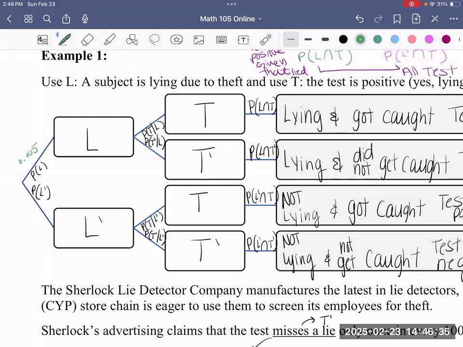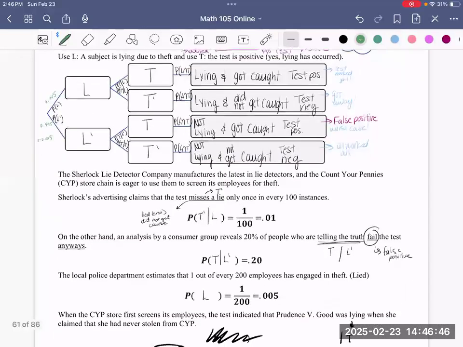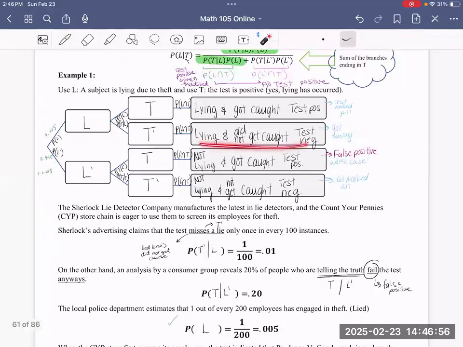So the complement of that is 1 minus 0.005, which gives us 0.995. Now, what else do we have? We also have where somebody is lying, but the test showed a negative result. So they got away with it. We said that is right here.